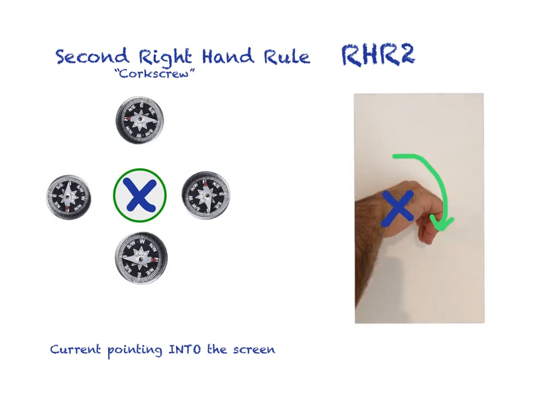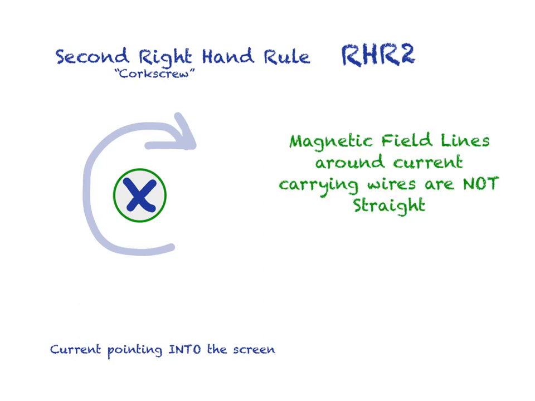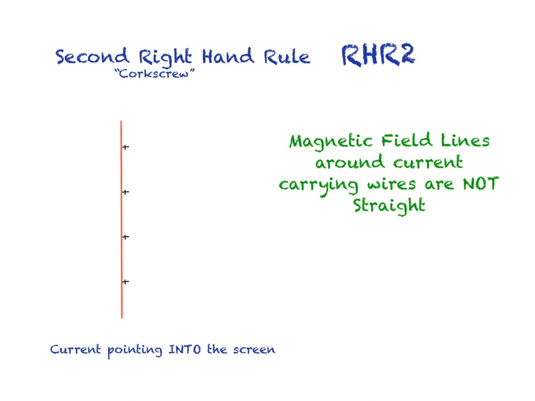What's interesting here, and what is attributed to Michael Faraday, is that the magnetic field lines are not straight lines around the wire. Now, if we had a charged wire with, say, positive charge on it, the electric field lines would originate at the wire and radiate outwards.